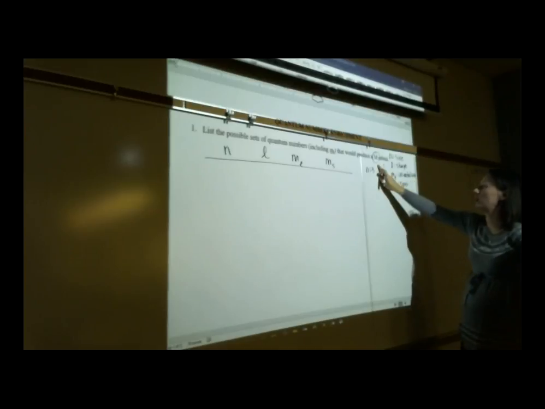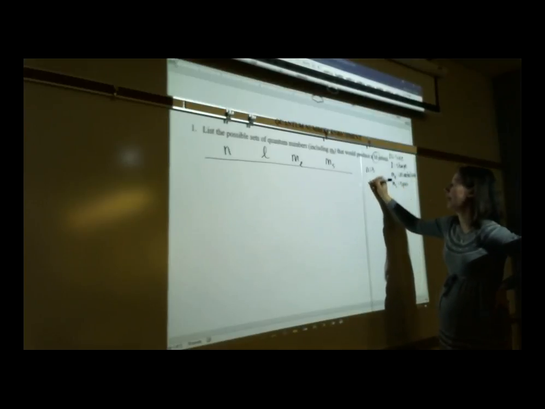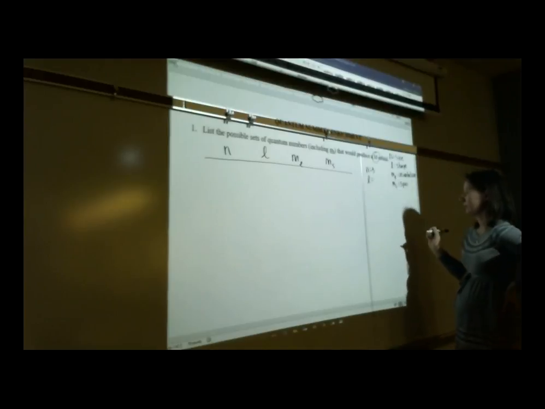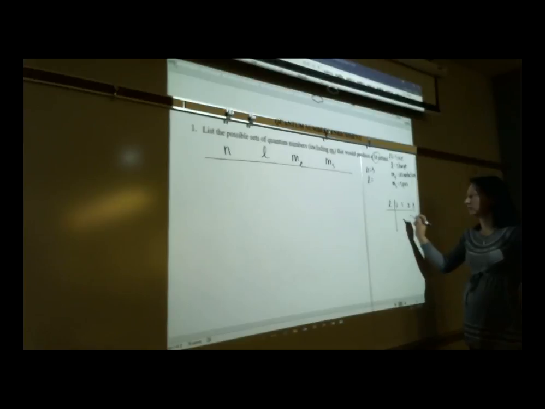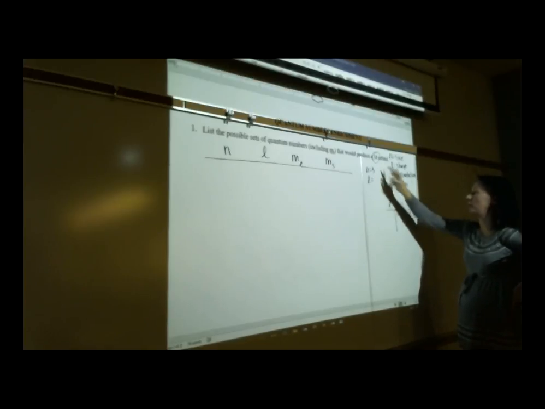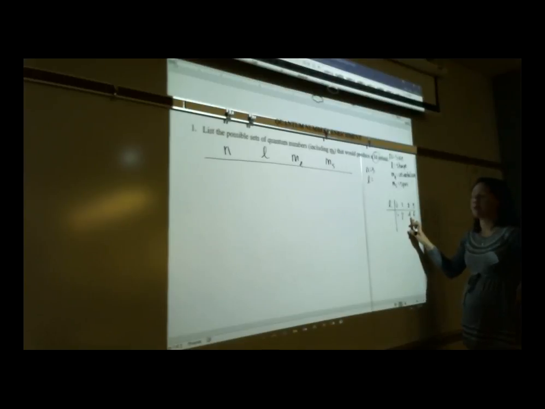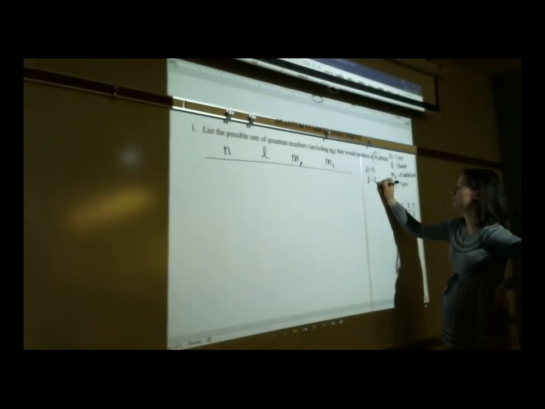All right, so for a 3D orbital, n equals 3, and how do you know l? You should have this little chart committed to memory, right? There are 4 values of l that we're responsible for. What are they? 0, 1, 2, and 3. And what did they correspond to? s, p, d, and f. So if this is a d orbital, then the value for l in all these sets needs to be 2.